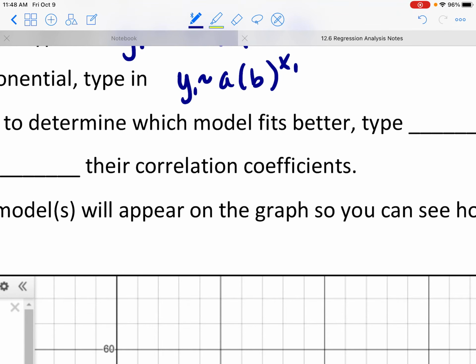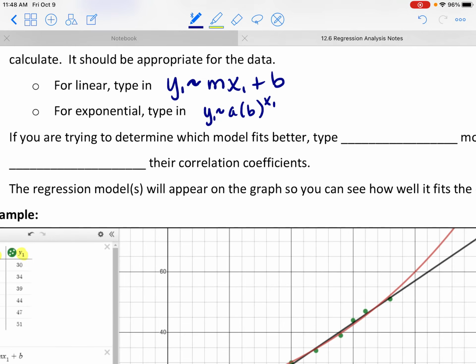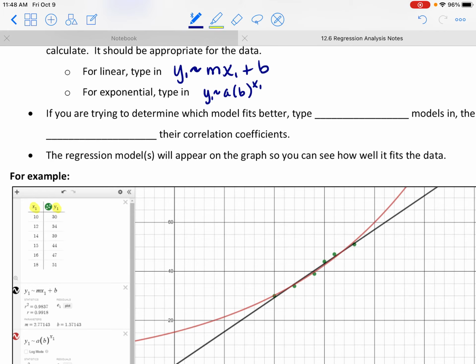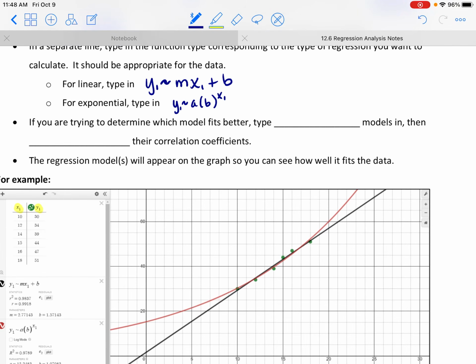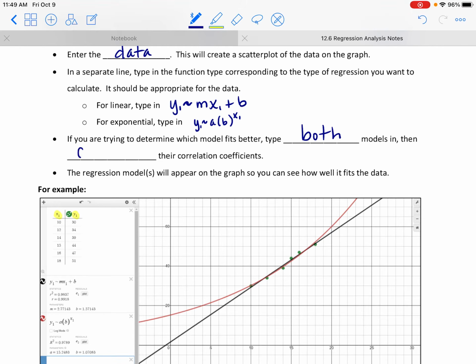And oftentimes we're going to actually calculate both models for our data, and we're going to see which one is more accurate, which one fits better. So if you're trying to determine which model fits better, then you're going to type both models into separate lines, and then you're going to compare the correlation coefficients.